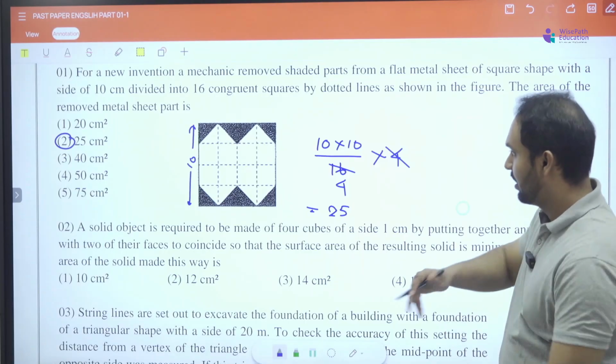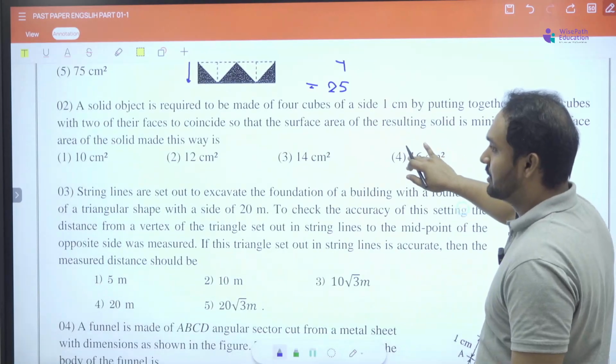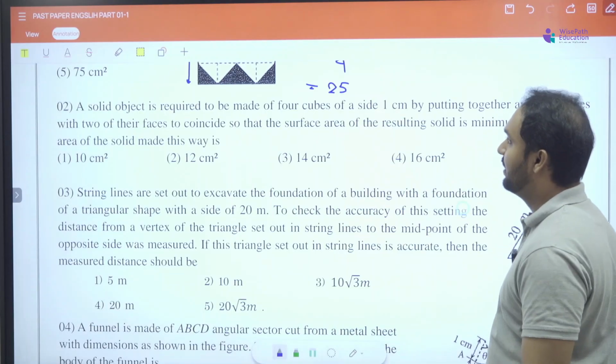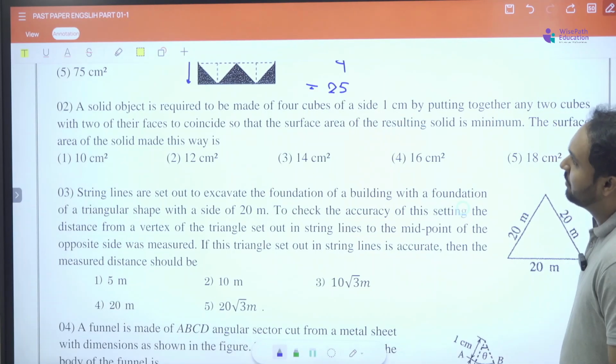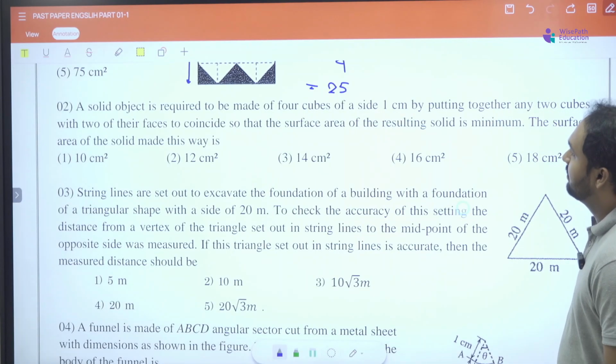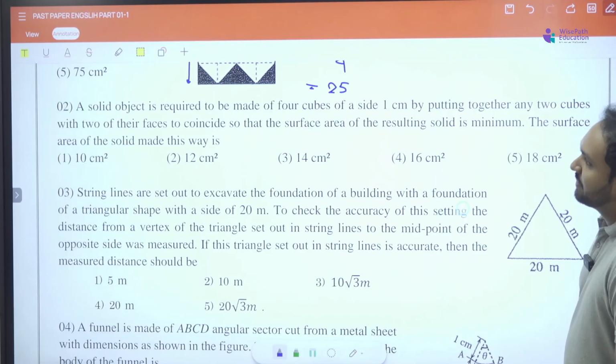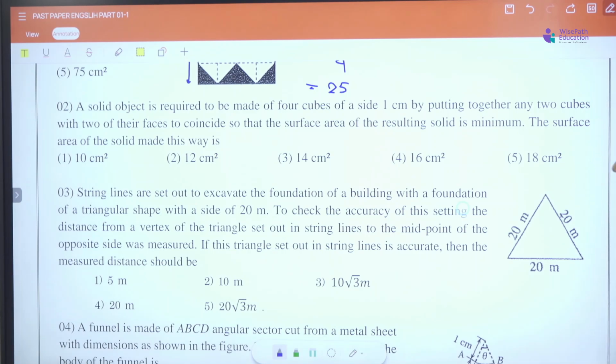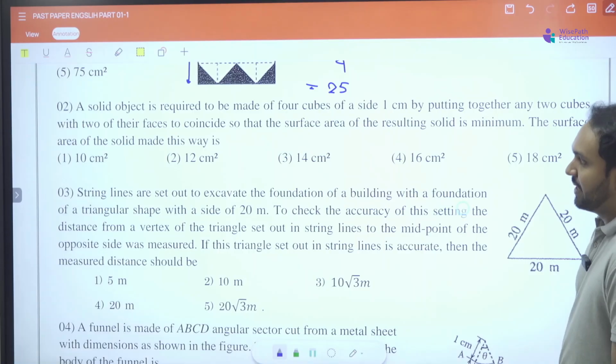Right? Second question. A solid object is required to be made of 4 cubes of a side 1 centimeter by putting together any 2 cubes with 2 of their faces to coincide, so that the surface area of the resulting solid is minimum. The surface area of the solid made this way is?